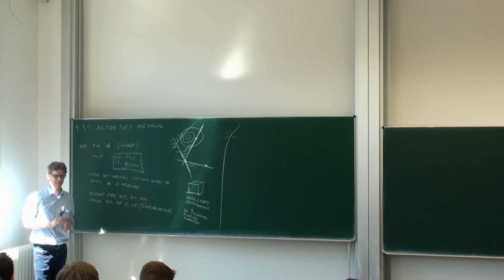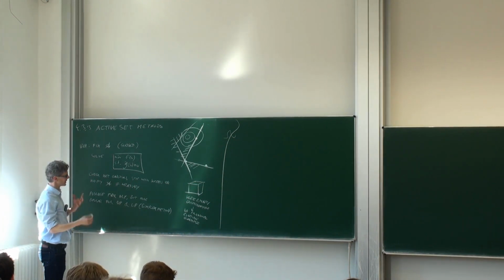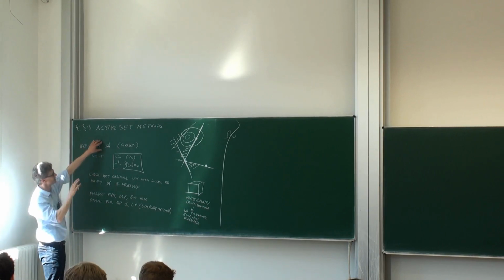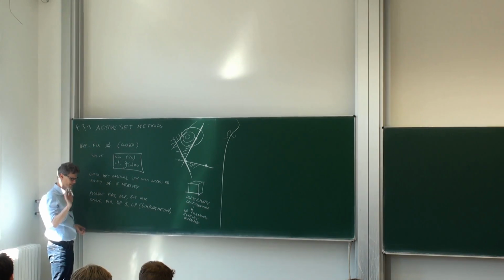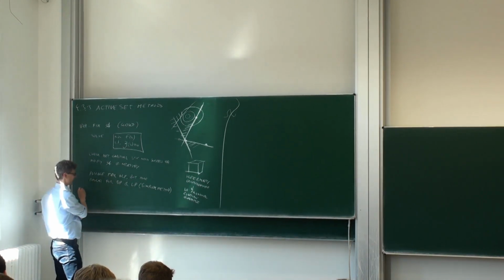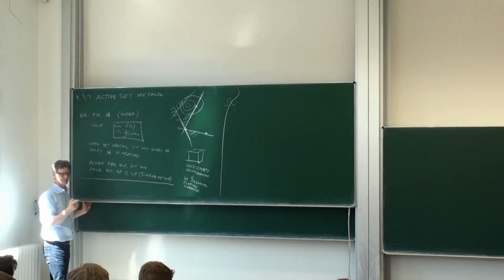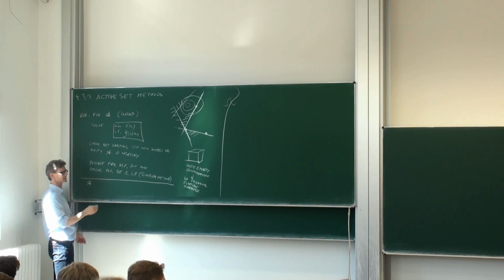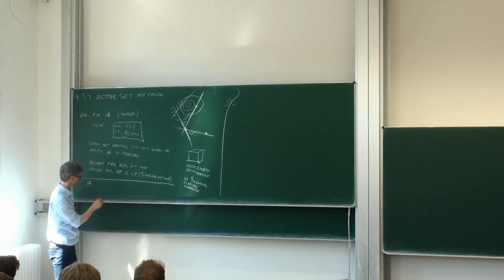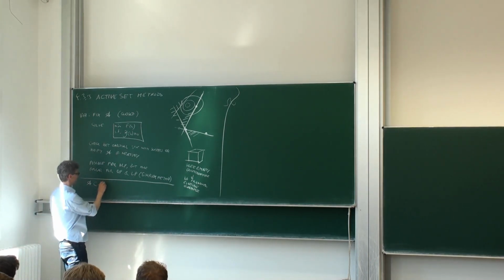So active set methods are a kind of discrete testing until you have found the right active set. Maybe I should give you one little remark. You could, of course, do the following, and this is a very naive active set strategy. You just say, how many possible sets A exist?